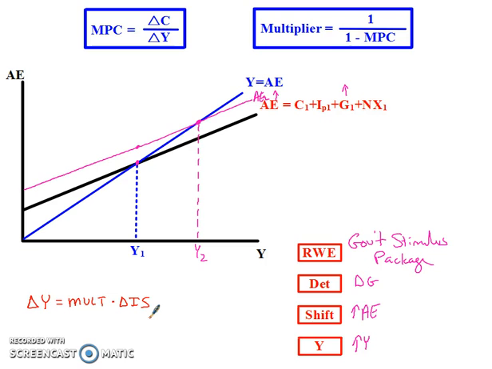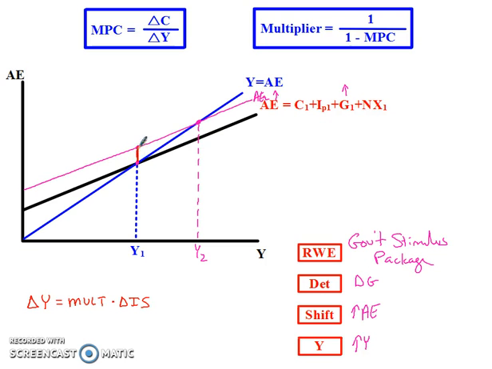It could be because exchange rates changed and that caused a change in net exports. It could be because the government cut taxes or raised taxes, or people save more. Any of the determinants that we've talked about that cause the aggregate expenditure curve to shift is what we call the change in initial spending.